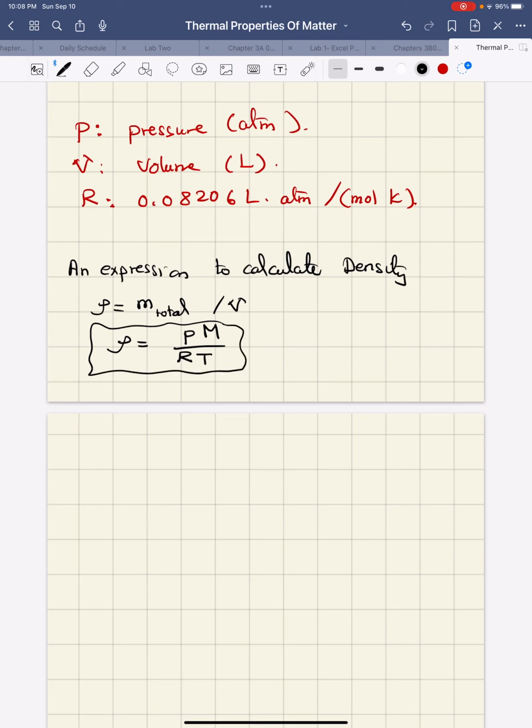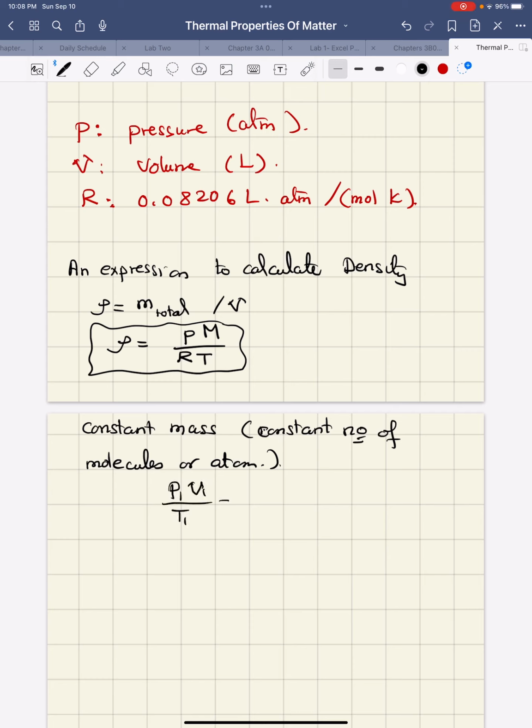Also, when we have constant mass, which means a constant number of molecules or atoms, we can say that P1 V1 over T1 equals P2 V2 over T2, and that should be a constant.